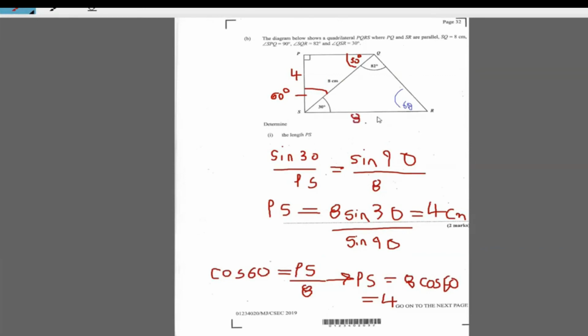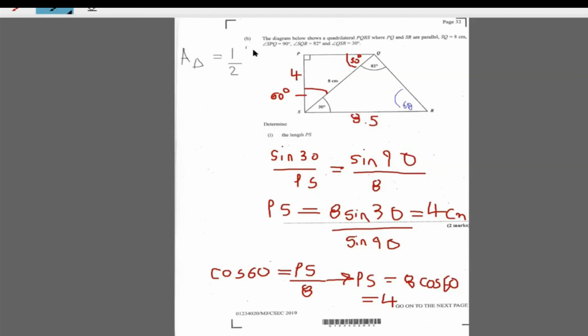And you might wonder why. Because the area of this thing is the area of this triangle plus the area of this triangle. The area of the first triangle is half base times height.